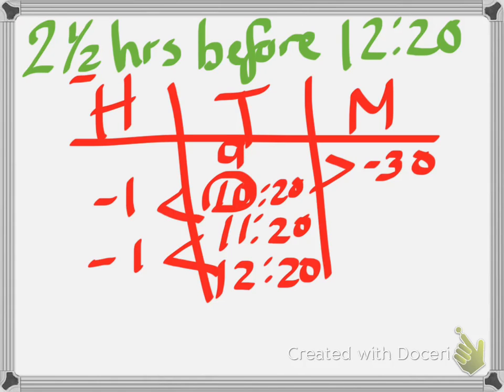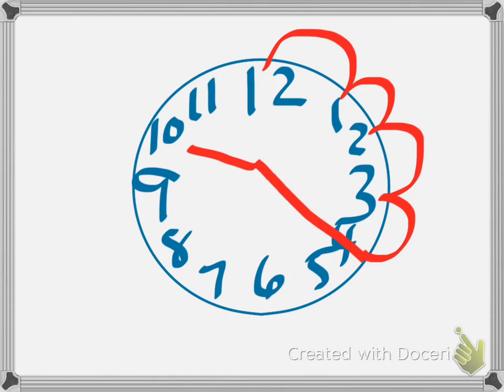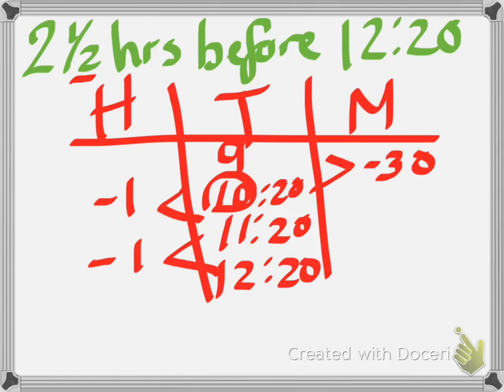So our hour would now be 9 o'clock. So there was 5, 10, 15, 20, 25, 30. And remember that we moved our hour back. So the start time is 9:50.